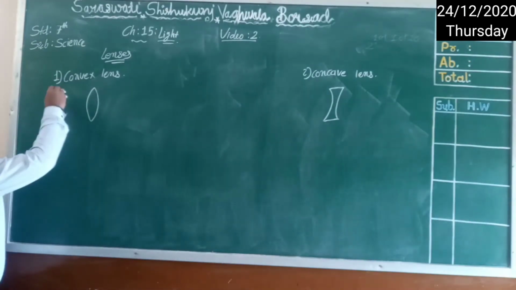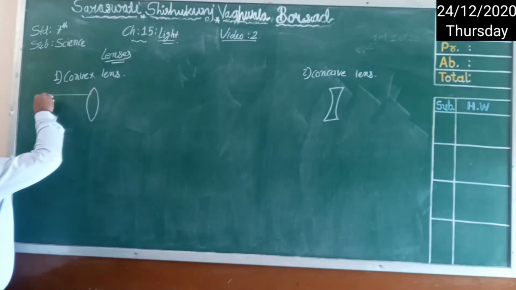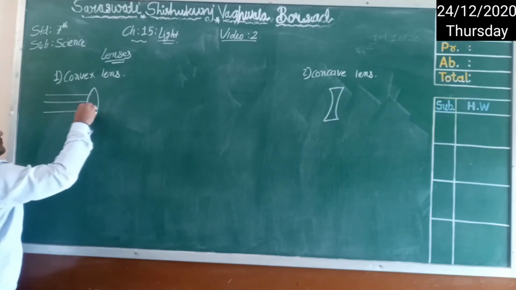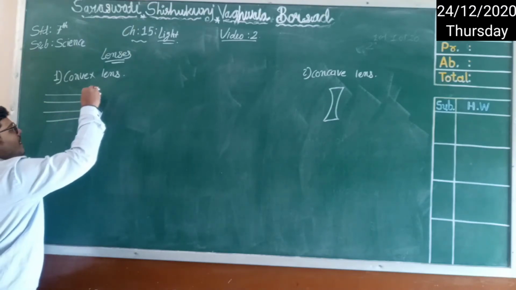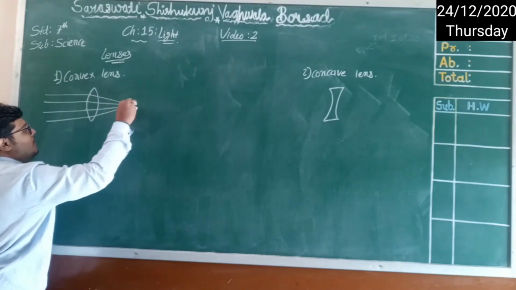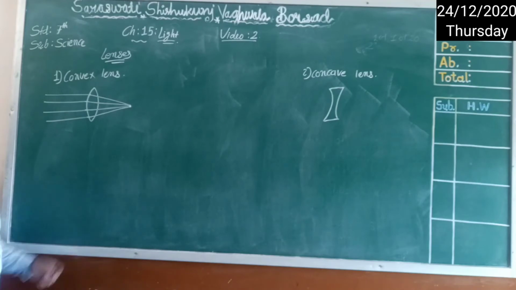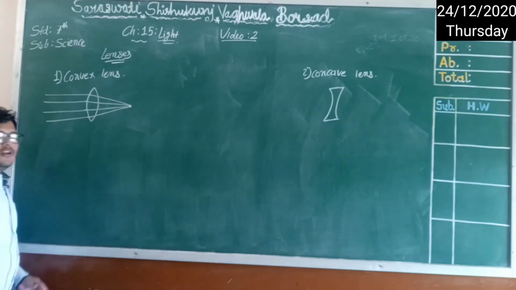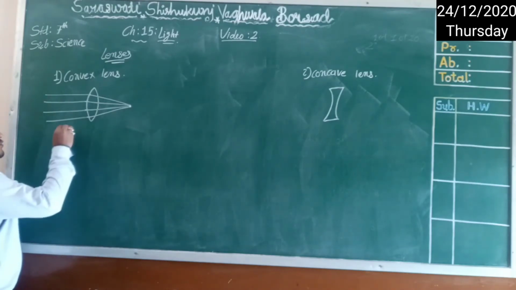Now when light rays fall here, this lens will merge these light rays at some point. So this lens is known as converging lens.